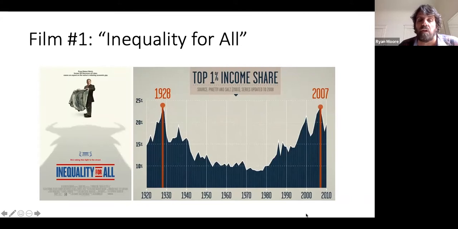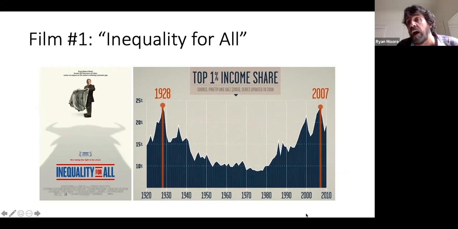During the 1920s, it was a huge amount. This is the so-called Roaring 20s. It was the end of what was called the Gilded Age, where you had the Rockefellers and these super wealthy families taking in a lot of wealth.